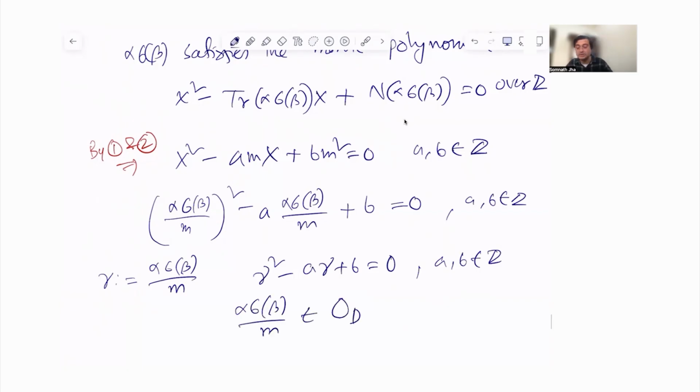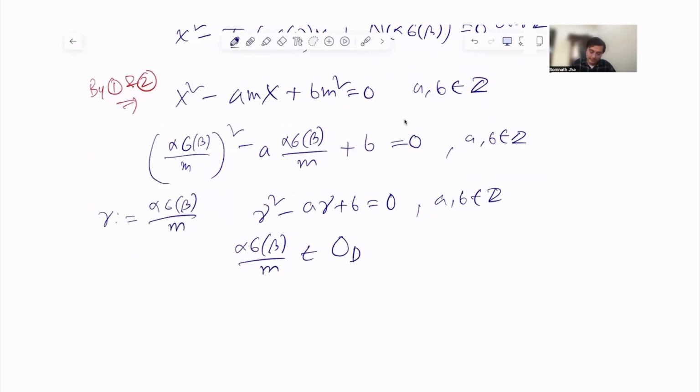It's an algebraic integer inside Q root D. So this implies that alpha sigma beta belongs to M OD for all alpha, beta in I.